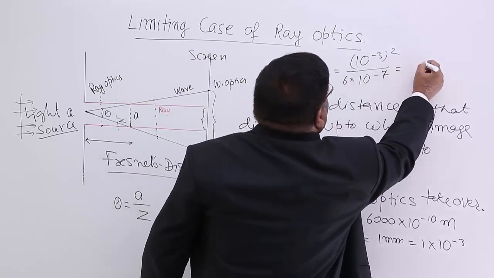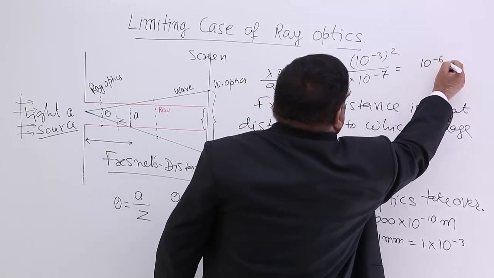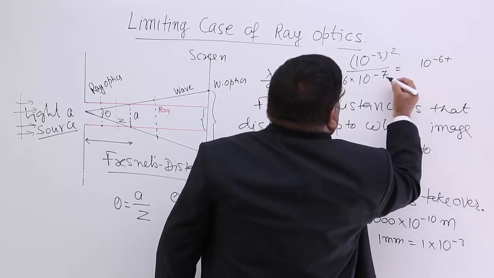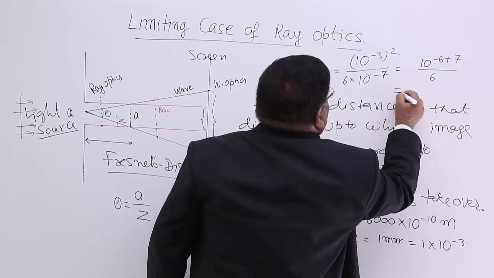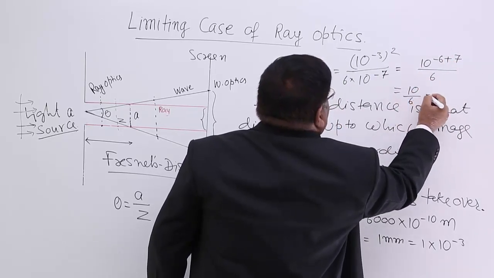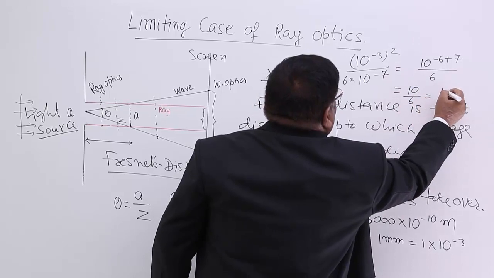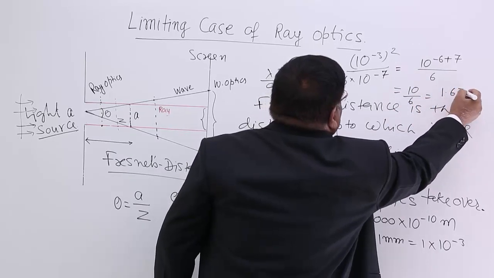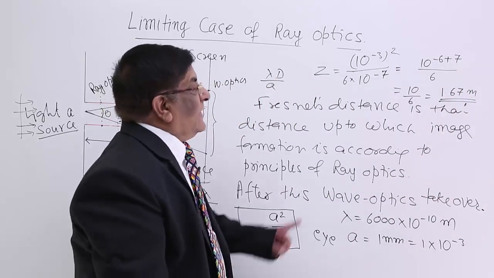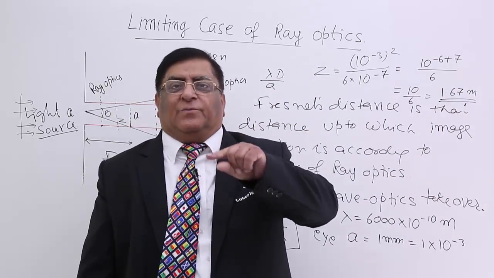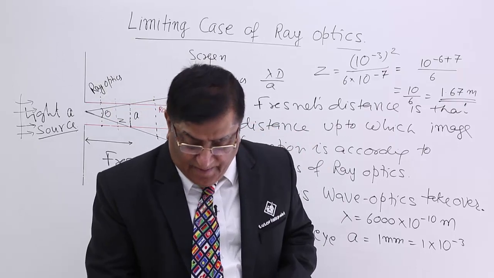So this is 10 to the power minus 6 plus this will go up 7 upon 6. This is 10 upon 6. This is equal to 1.67 meter. So Fresnel distance for our eyes is 1.67 meter.